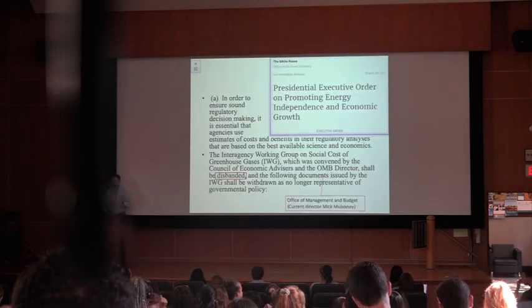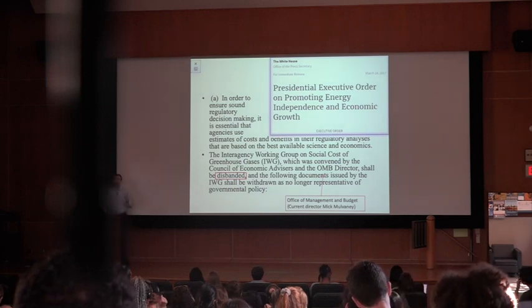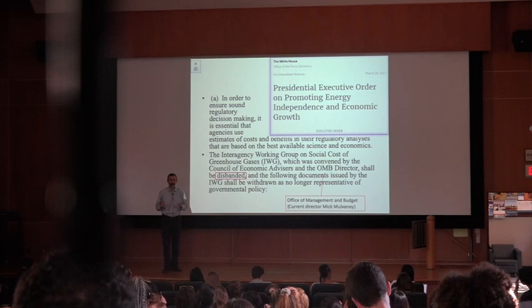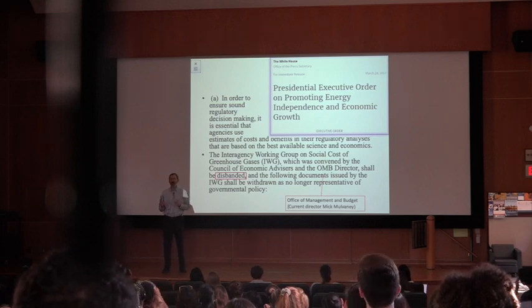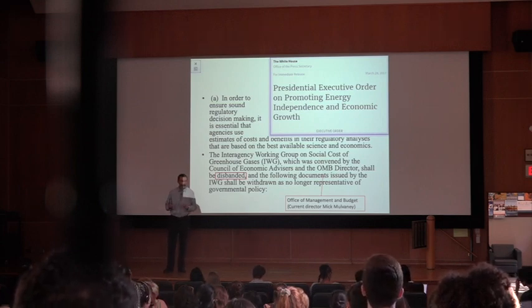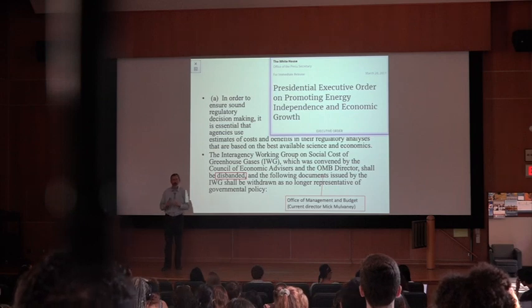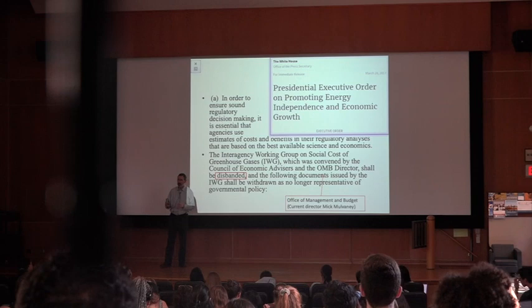And the question is, what do we do with that? I don't know if you know, but there is an interesting political situation in this country. There was an executive order by the president 2 years ago that disbanded the interagency group that was computing the social cost of carbon. And this was the main user of this approach.